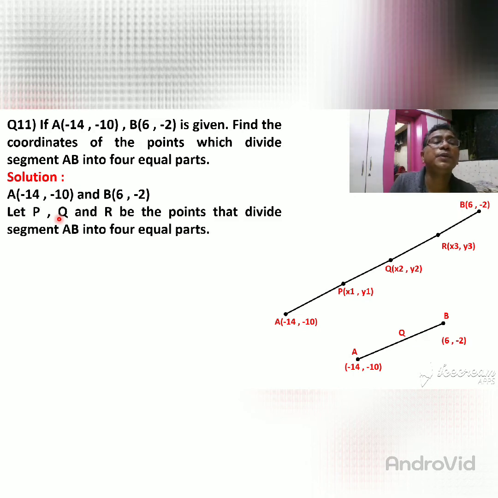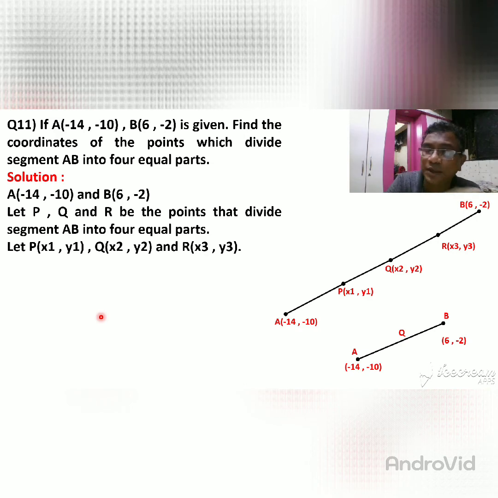So here we find out the Q. Let P, Q, R be the points that divide segment AB into 4 equal parts. This is first, this is second, this is third and this is fourth. That is the 4 equal parts they are divided into. So we say that AP is equal to PQ, PQ is equal to QR, QR is equal to RB. So that is x1 y1, x2 y2 and x3 y3.